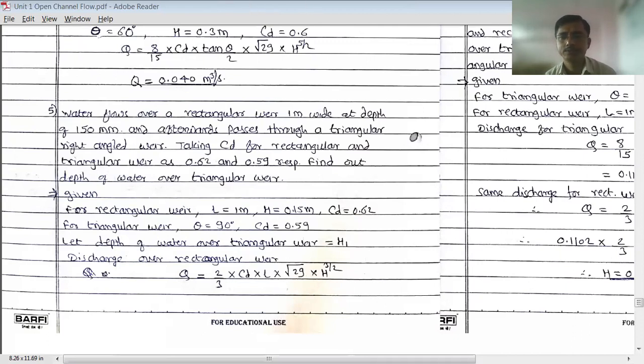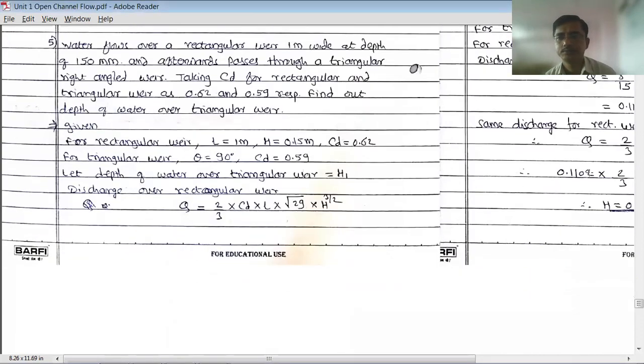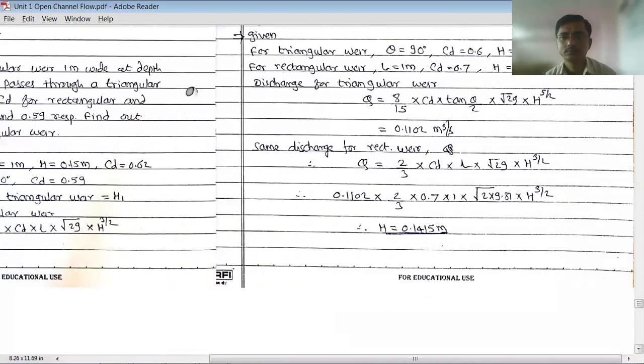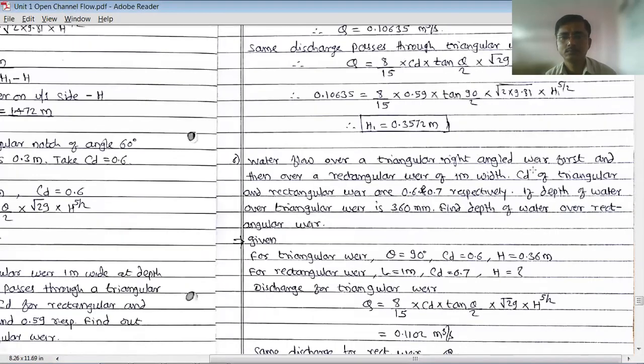Let us check it. Kekan has got 0.33. Correct, 0.3572. That is the right answer. Ganesh, then Vedant have got the correct answer here.